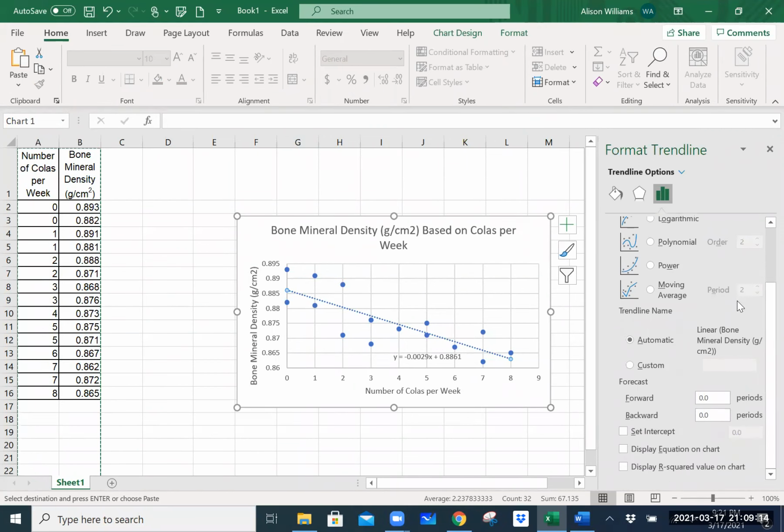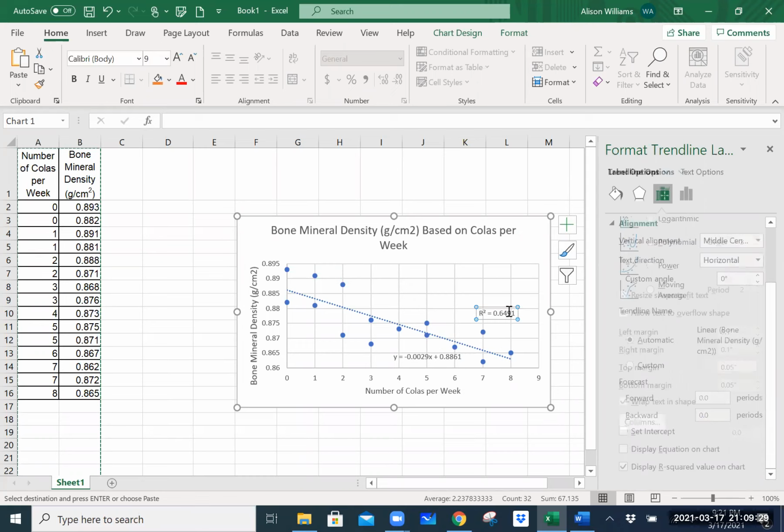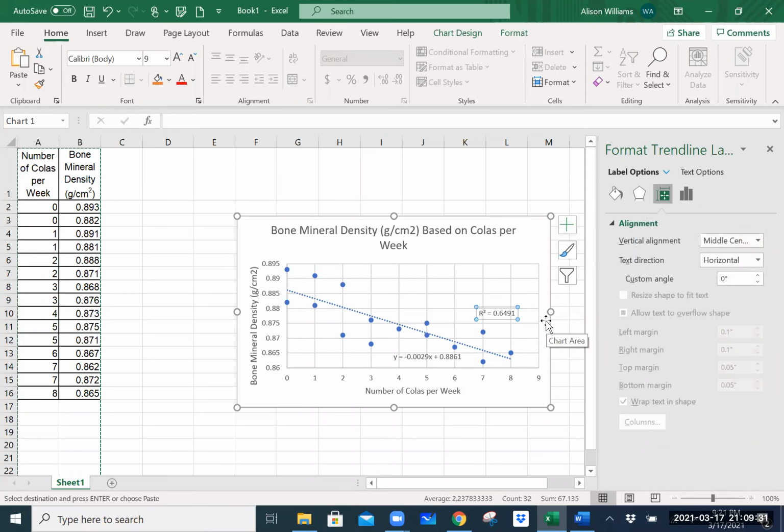Okay, so I said to display the equation on the chart, but here's the one I want you to see. Display R squared value. Oh, actually both Google Sheets and Excel do the same thing. So this R squared is the R we were just talking about, but squared. Okay, so R squared equals 0.6491.